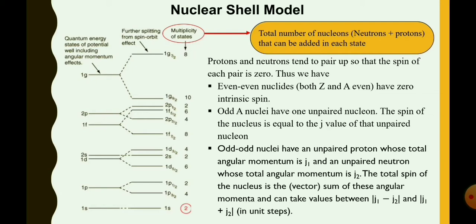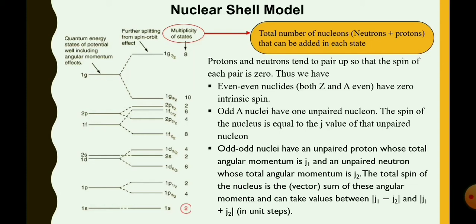First one is when both the number of neutrons and the number of protons are even. So in case of even nuclides, both atomic mass and atomic number are even, so they have 0 intrinsic spin. When the atomic mass is odd, that means either there is one unpaired neutron or one unpaired proton.